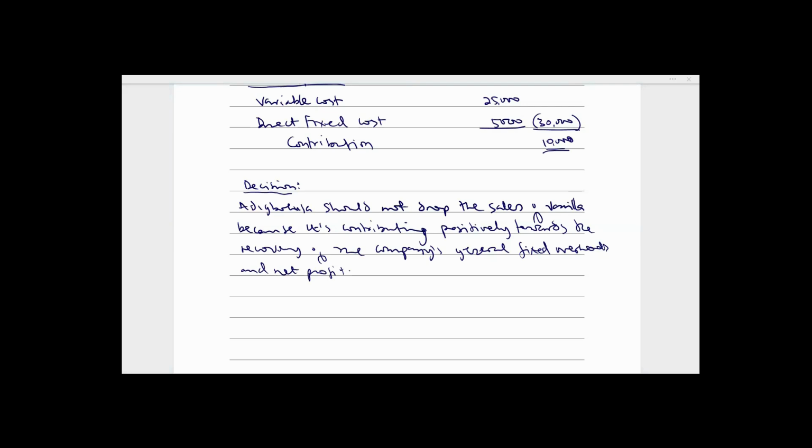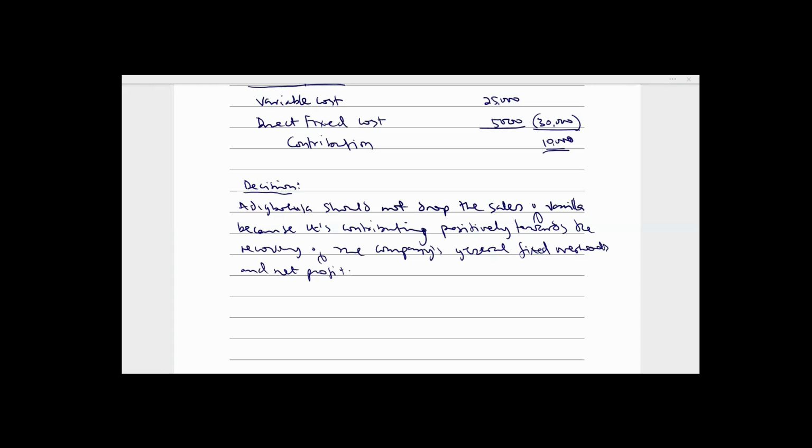Will your earlier decision in A above remain the same? So what this requirement is saying is that the company may want to switch resources from producing vanilla to producing a new ice cream known as banana. And we are given those figures.